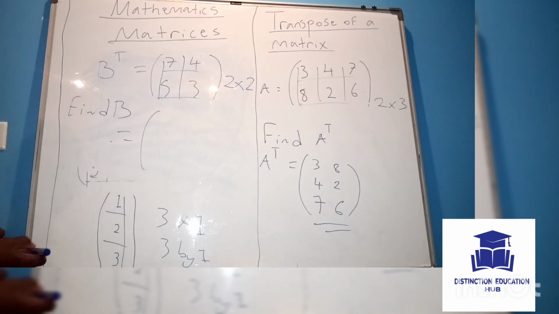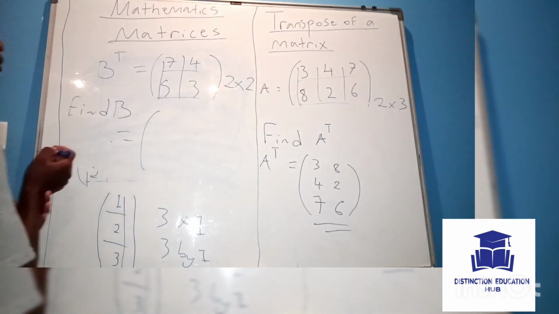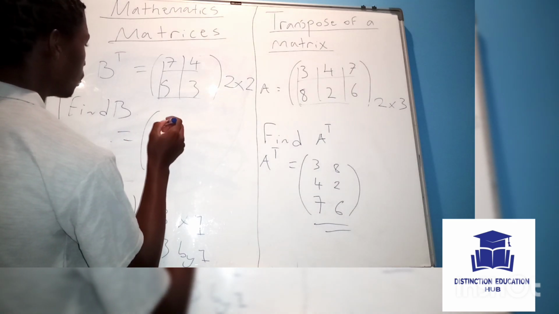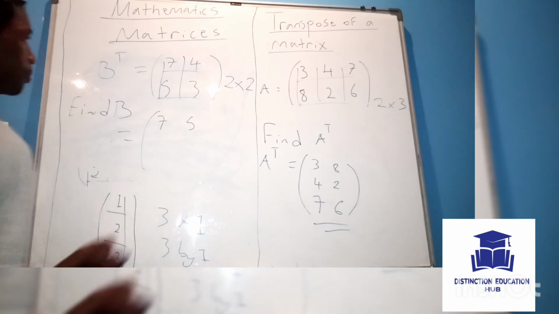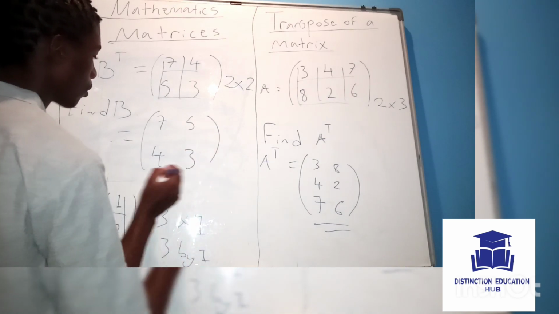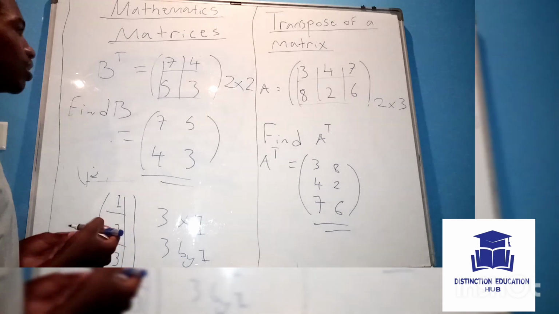You just do the opposite. So in this case, it's going to be like this. And you're done. That's how you find such an equation.